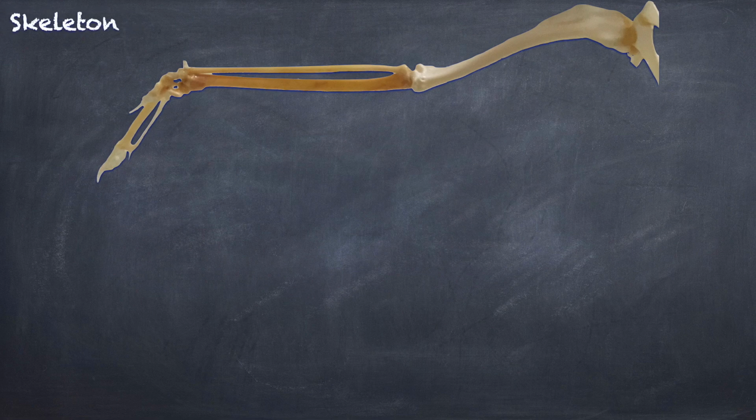Looking here once again at the wing, we see that similar to the limbs in runners, the joints in the wings in both birds as well as bats are constructed to limit the movement of the limb to primarily one plane. This is going to reduce unnecessary movement.